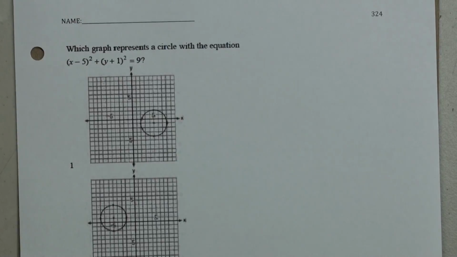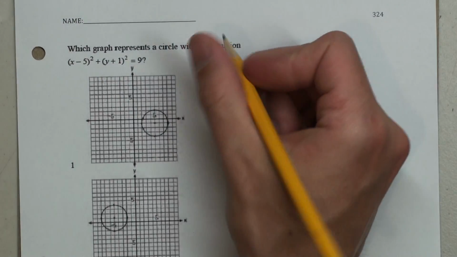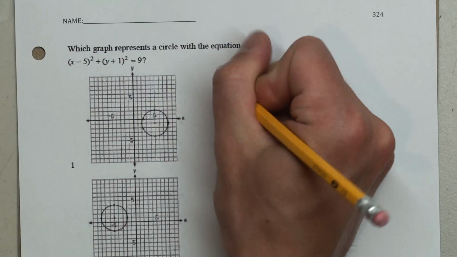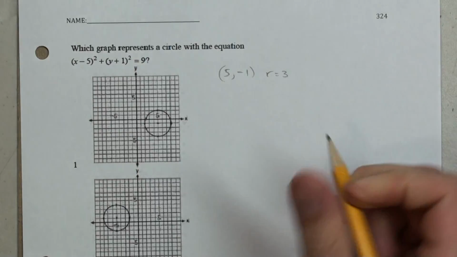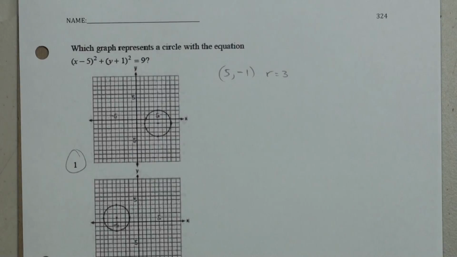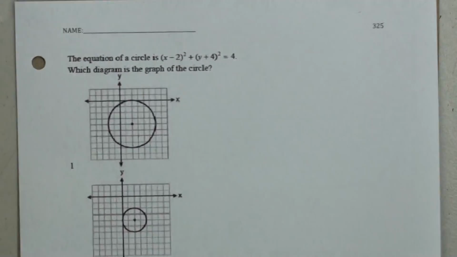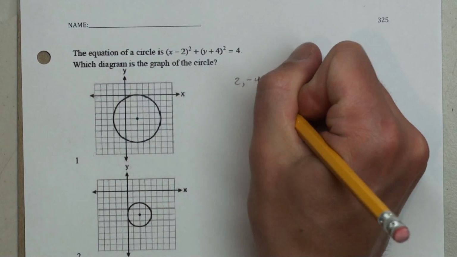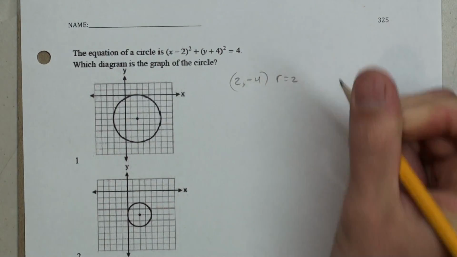Which graph represents a circle with the equation? So it's got to have 5 comma negative 1 and r equals 3. Choice 1. It's got to be 2 comma negative 4 and r equals 2.